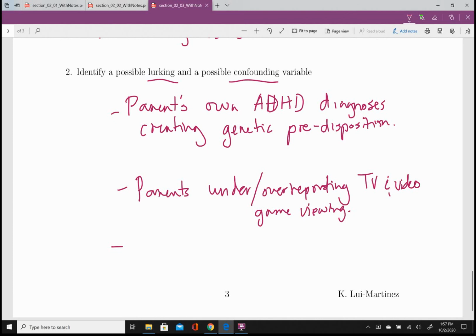Things that have nothing to do with the description of the study that you feel might be having an influence. So parents doing a self-diagnosis, or I guess I'll call it an armchair diagnosis, that's actually the better term, armchair diagnosis of their children.